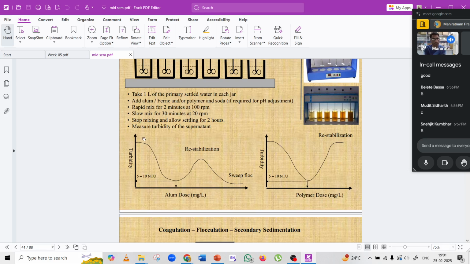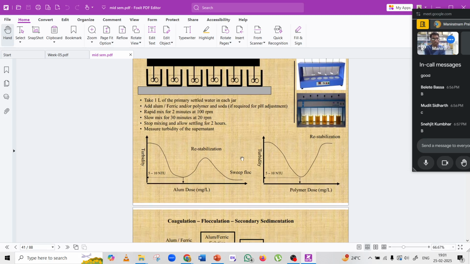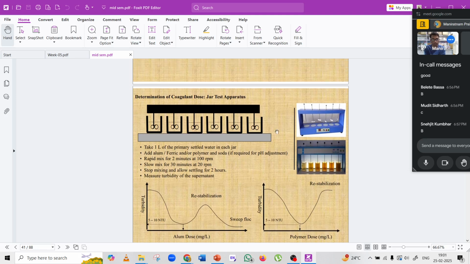Initially it was stabilized, then we destabilized due to addition of alum, and again we have re-stabilization. Based on this concept, the optimum dosage of any coagulant is found out, and this test is known as the jar test. We take several beakers, add the coagulant, mix it, and measure the turbidity.